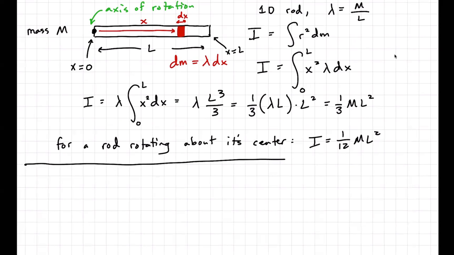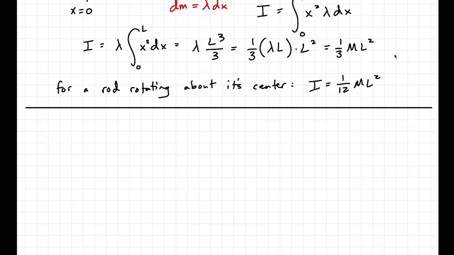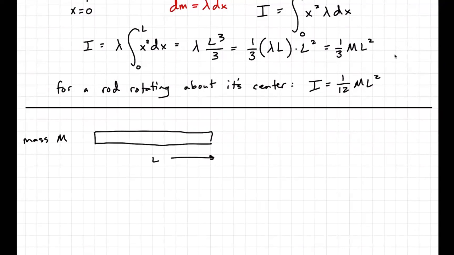Let me separate this one out. We're going to look at the same rod, actually, but a different rotation point. So the same rod, same length, same mass, uniform mass density. So mass M, length L again. And this time we're going to have it rotate about a point outside its body. So maybe we fix it with some thin massless pieces of metal like this.